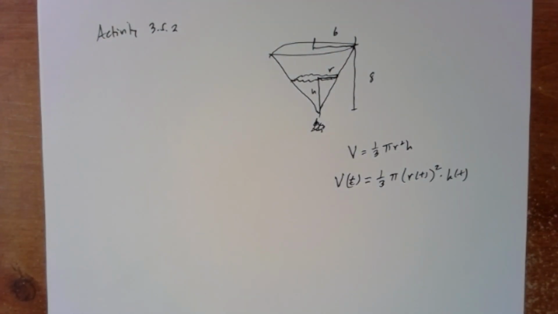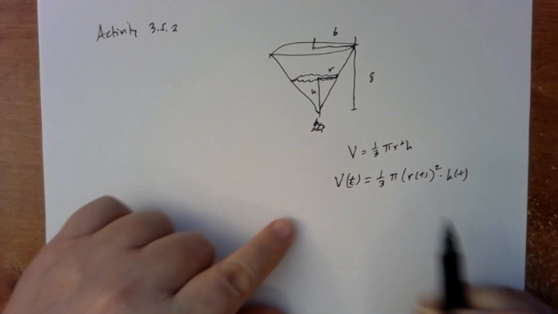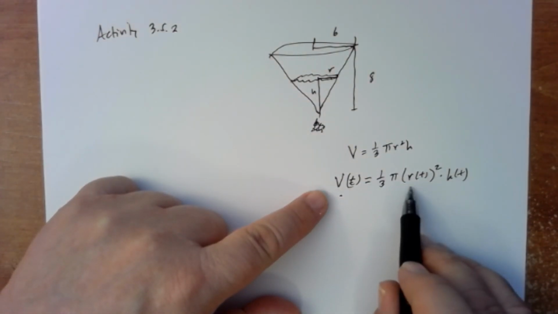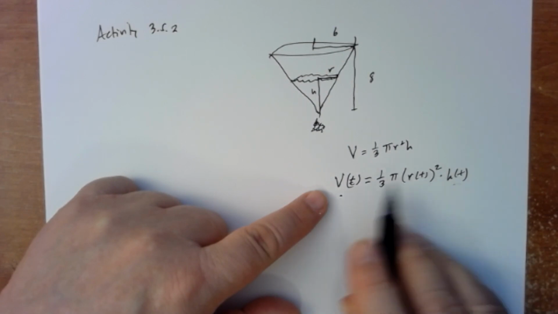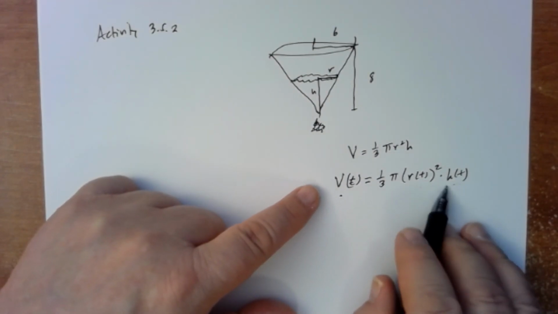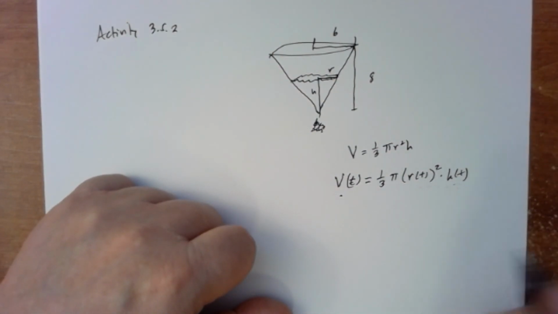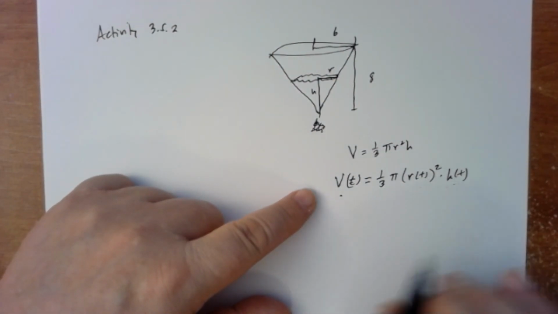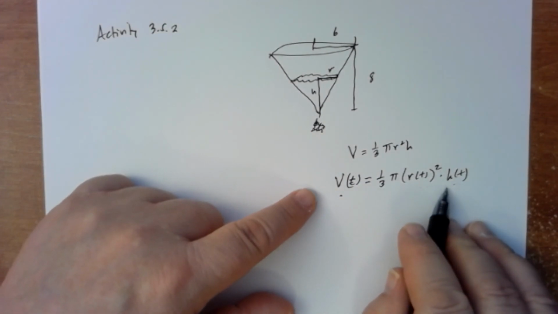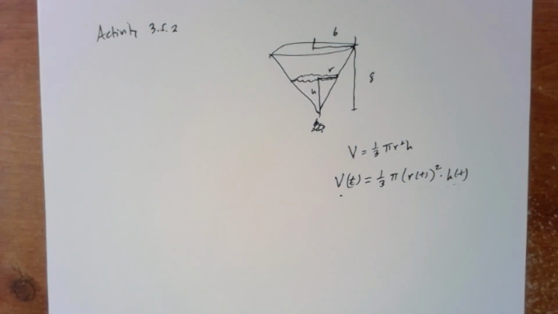Okay. Now, we could differentiate this directly. dV over dt, this would have to be a product rule. But let's see if we can get this in terms of one of these variables instead of two. That just might make our life a little bit easier. Although, like I said, we could differentiate this as it stands. But let's see what else is given here in our problem.